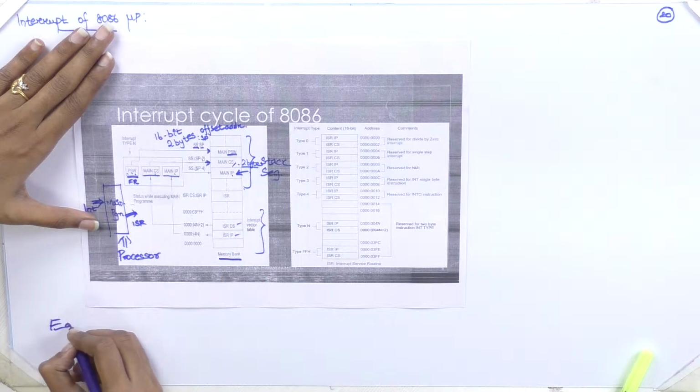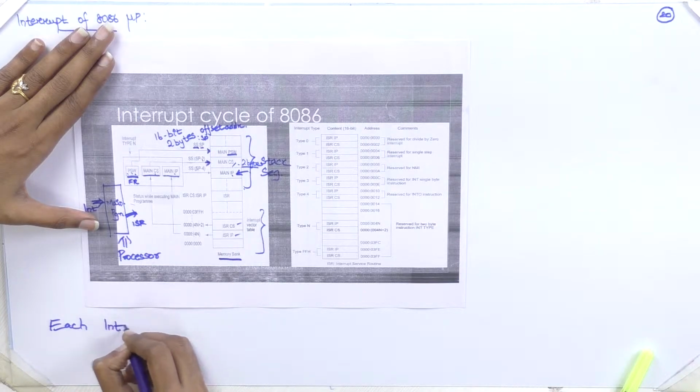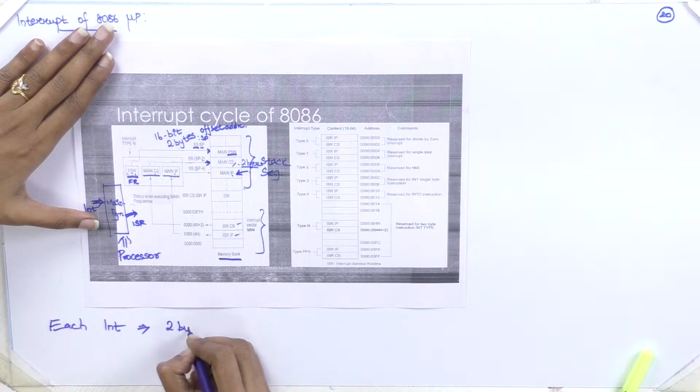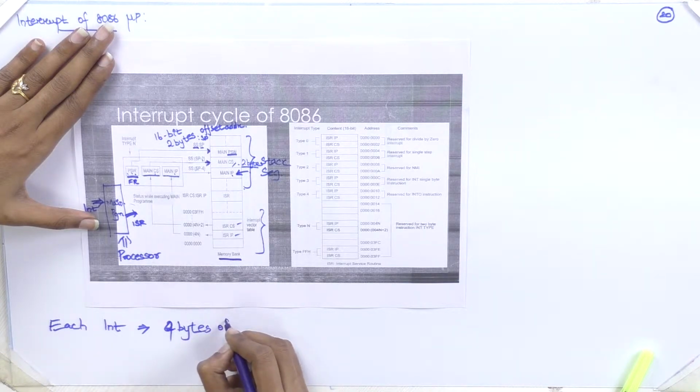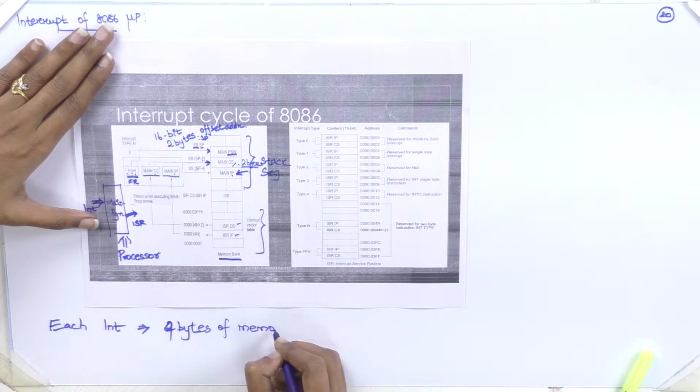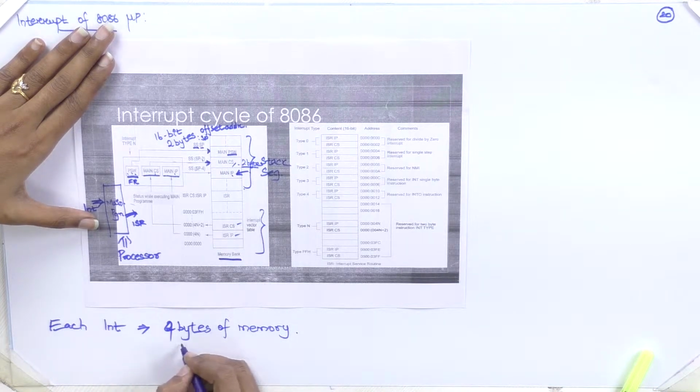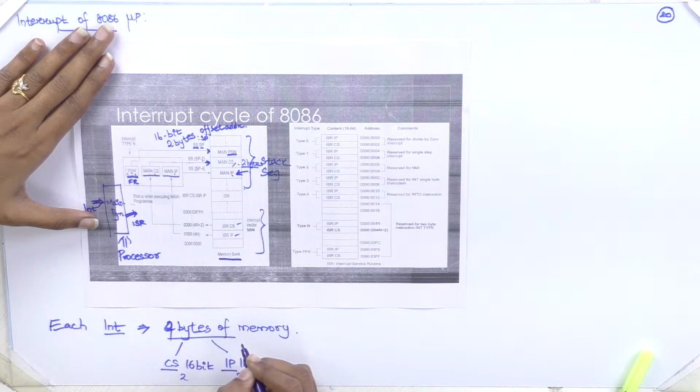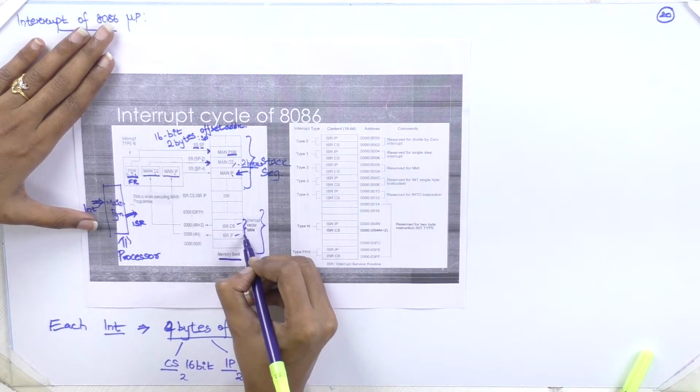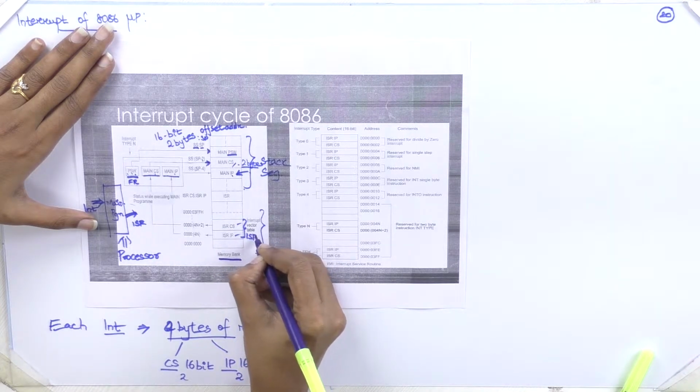Each interrupt will have 4 bytes of memory, since the code segment is 16-bit and the IP value is 16-bit. Each interrupt will have a code segment value and IP value, occupying 2 bytes and 2 bytes, a total of 4 bytes of memory to store the value of one ISR.